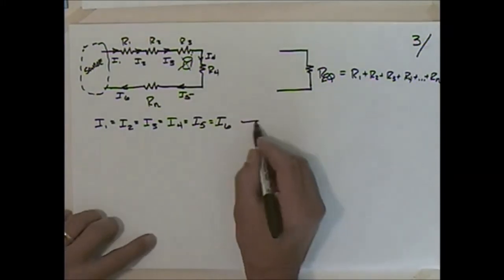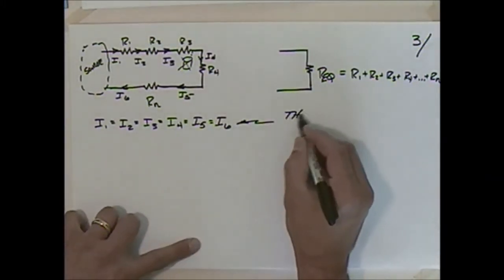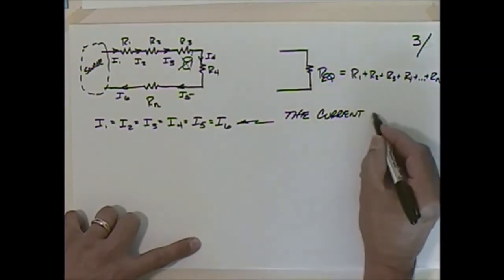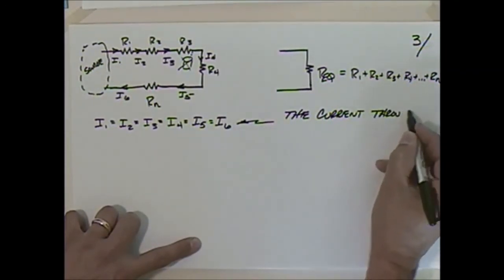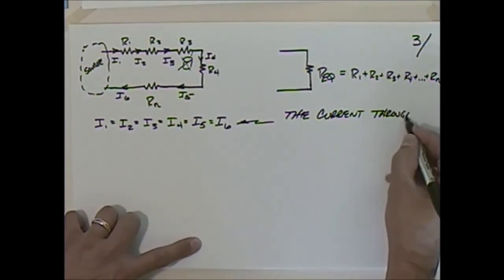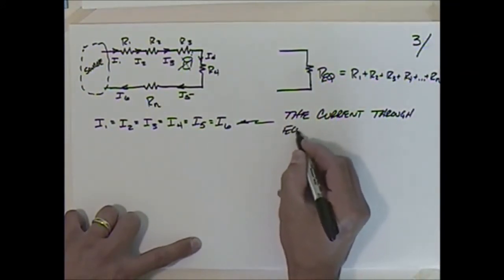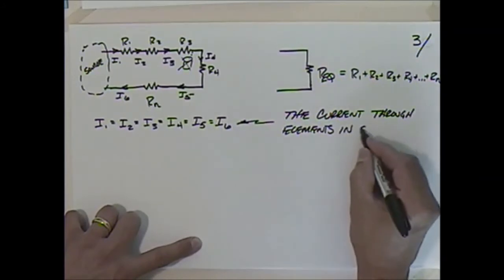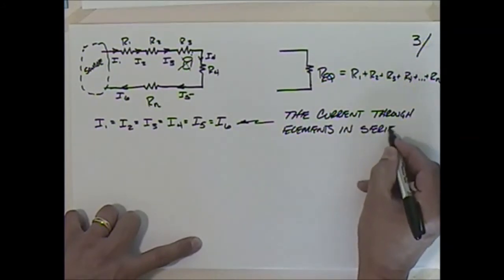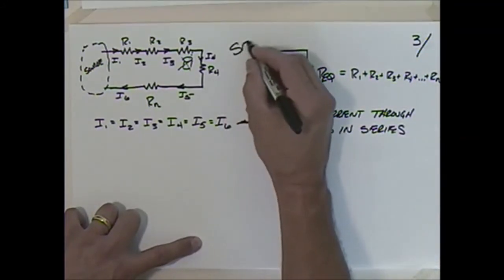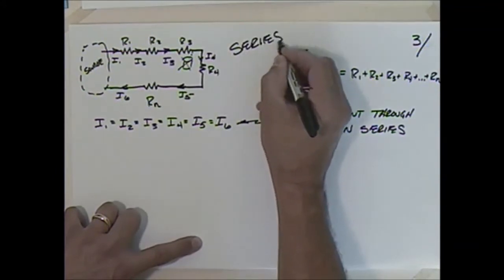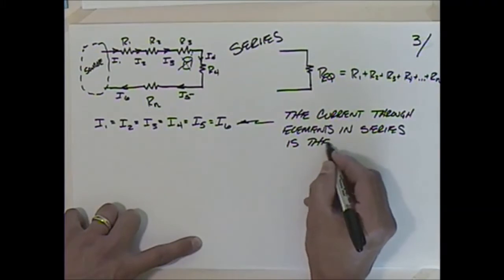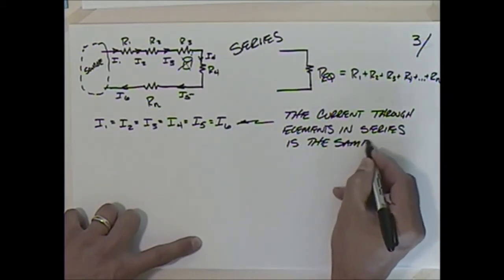So we can say then that the current through elements in series, because that's what this is, this current through elements in series is the same.